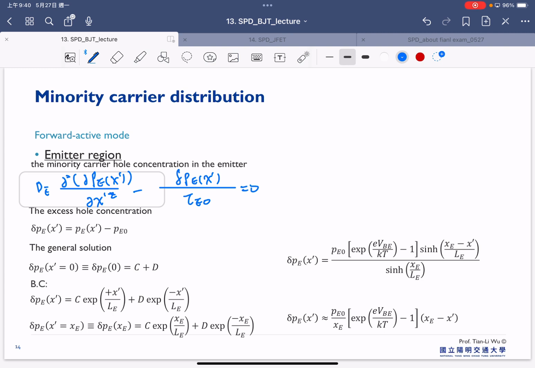The approach is the same as what we have already shown: we consider the general solution and put in the boundary conditions.